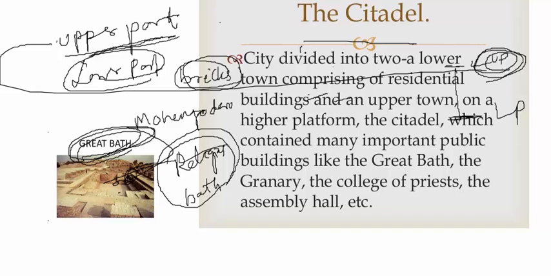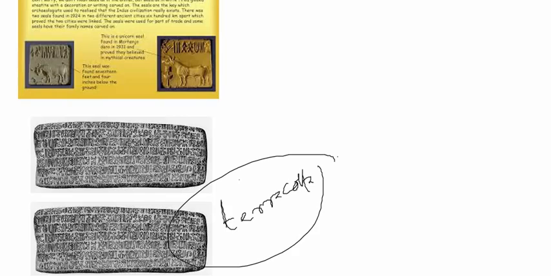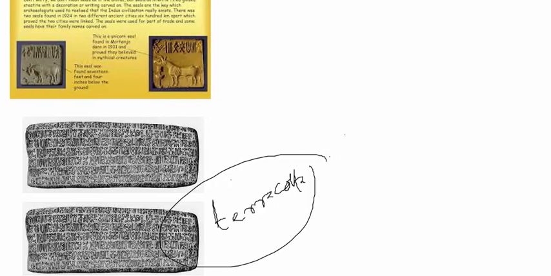Anyway, now we are going to focus on another important thing, that is the seals of the Indus Valley Civilization. What is a seal actually? You will find seals like your terracotta, or simply terracotta. All types of stone things you will find in this area, terracotta.